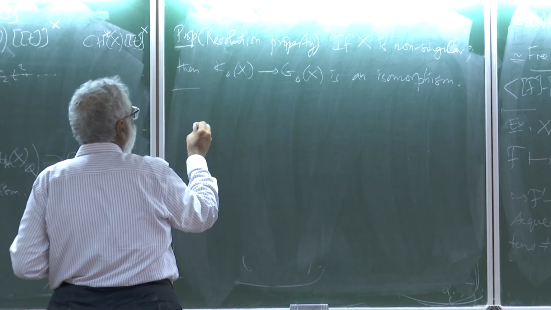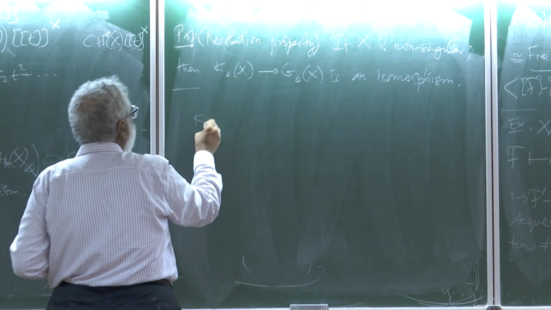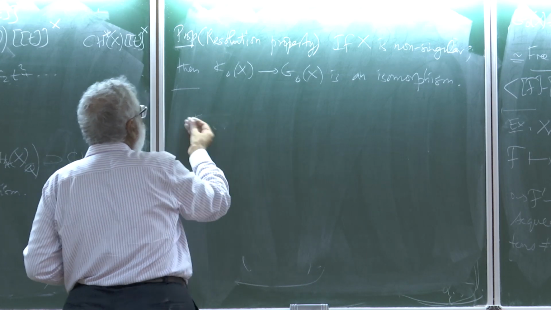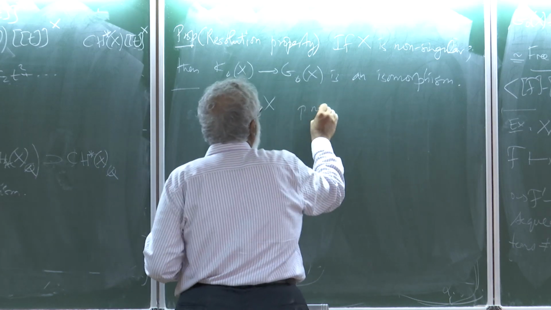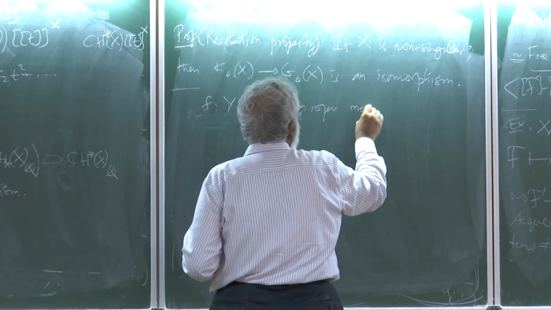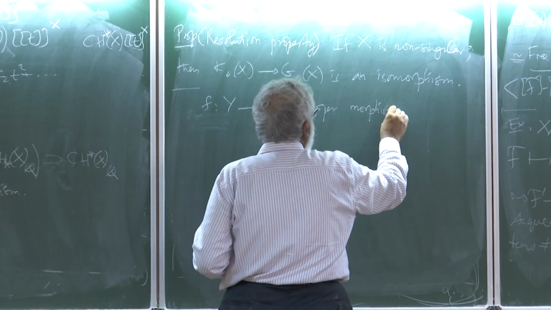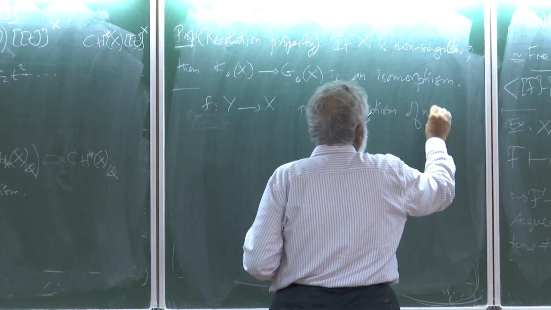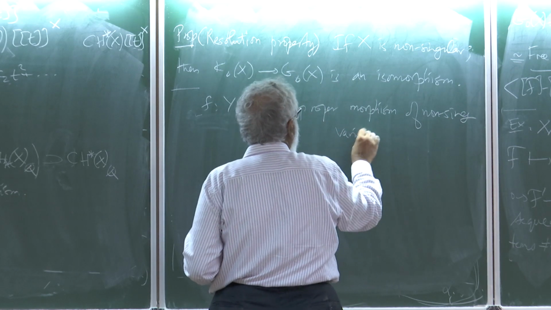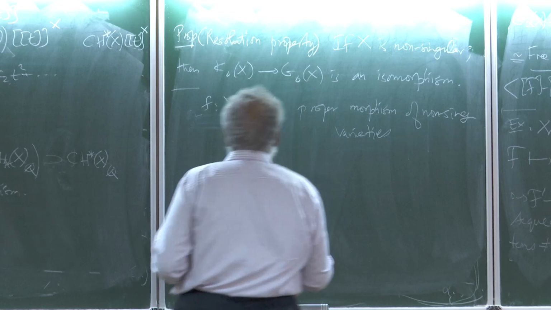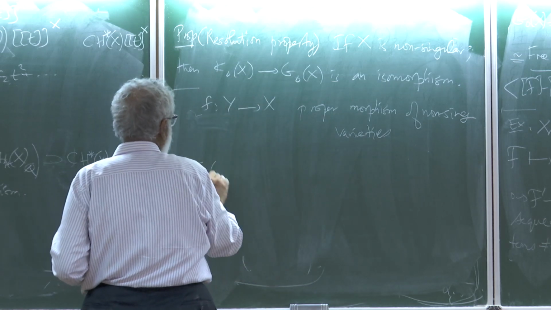But granting this, I can now look at the following thing. I can look at f from Y to X, a proper morphism of non-singular varieties. And I can look at the following sequence of steps.